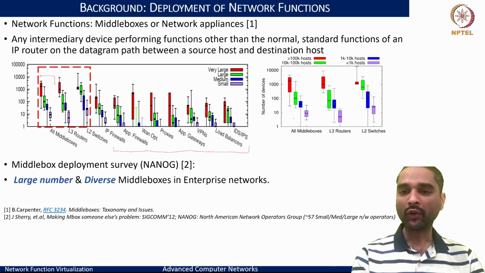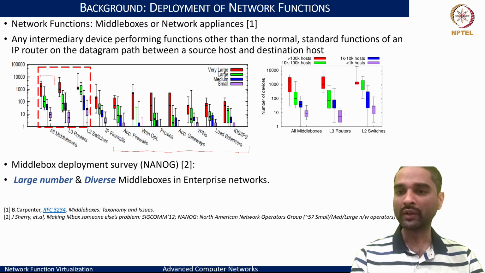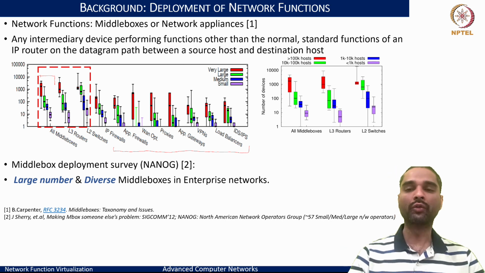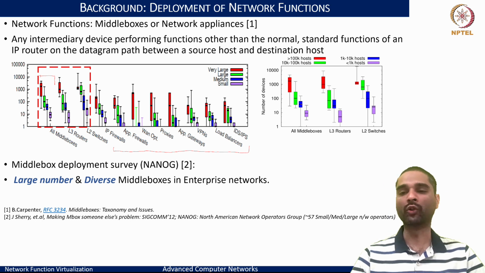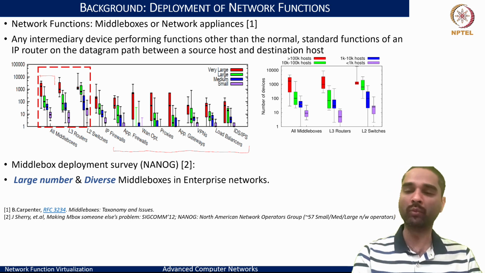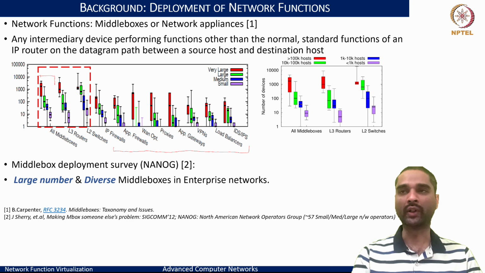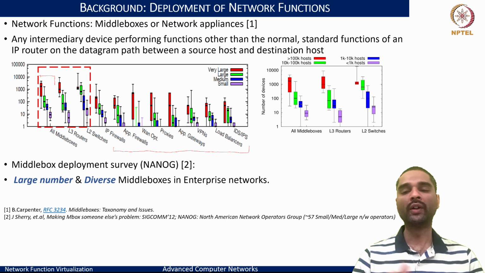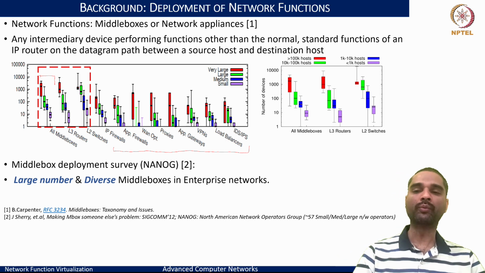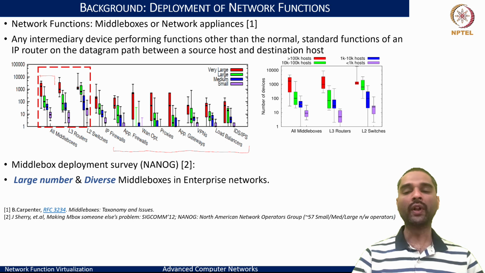And even in the small networks, where we have routers and switches in the orders of tens or hundreds, the number of middle boxes is also on the same scale, around 10 to 15 of these middle boxes for every router. So more than the routers, you may end up seeing middle boxes. Hence, we need to understand why this proliferation has happened and how these middle boxes are being used. And I referred earlier as well, they are built for various purposes.